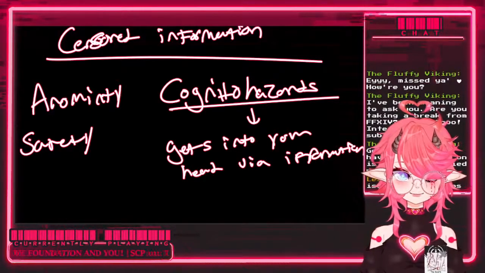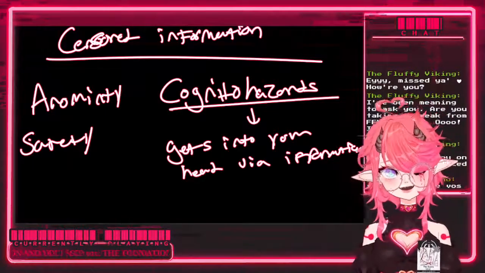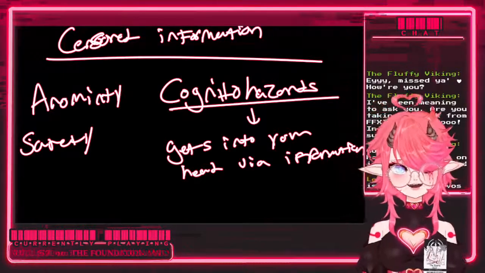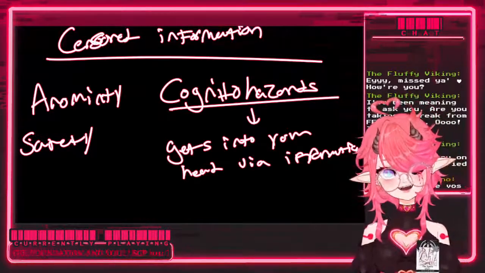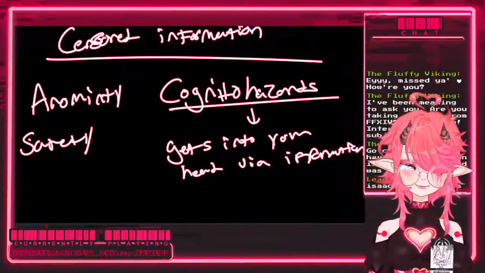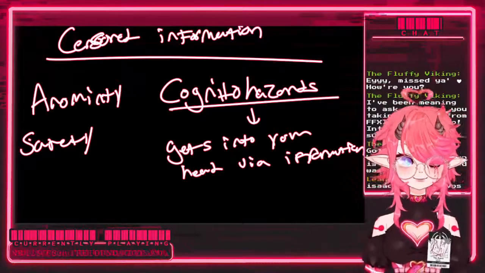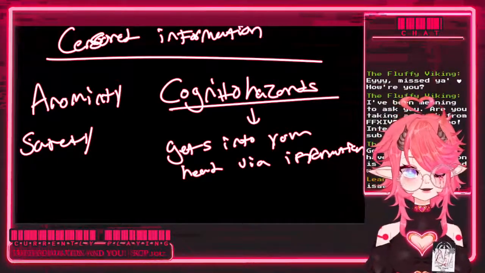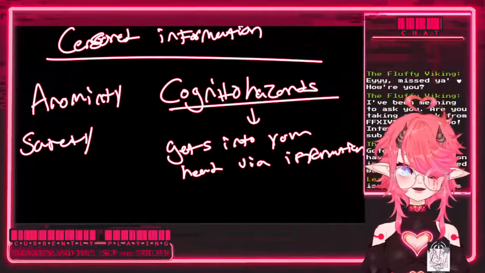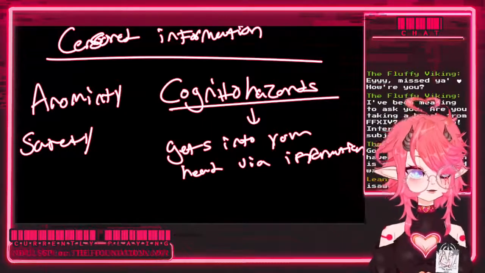Which basically means that when an SCP is cognitohazardous or has cognitohazard properties, a reason why a lot of information about it might be redacted is to keep it from actually getting into your head. Some SCPs operate like this, where they get into your head and then they're stuck in your head and you cannot leave, or they will not leave you.